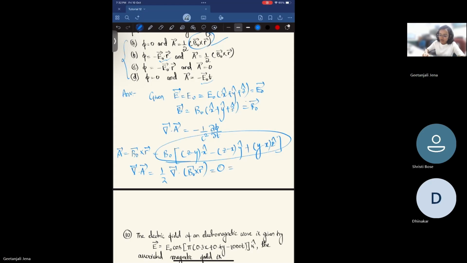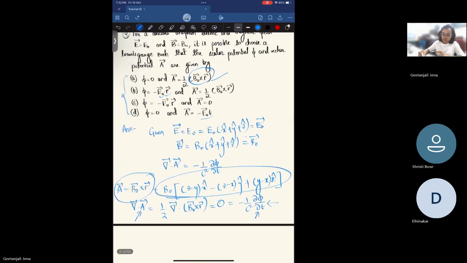According to Lorentz gauge, it equals 1 by c square dou phi by dou t. So if the potential A is half of B naught cross R, the divergence of A is 0 and dou phi by dou t should be 0. So phi can be a constant or it can be 0.